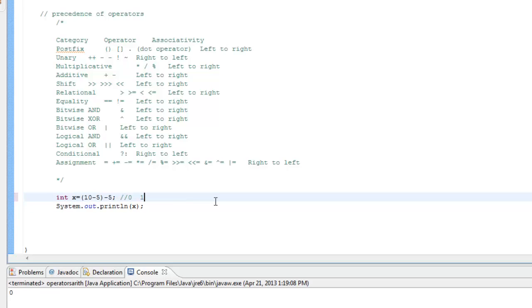Now in case I have 10 plus 5 multiplied by 5. Again, if the rule applies that the expression is to be calculated from left to right, this will become 10 plus 5, 15, into 5. So this becomes 75.